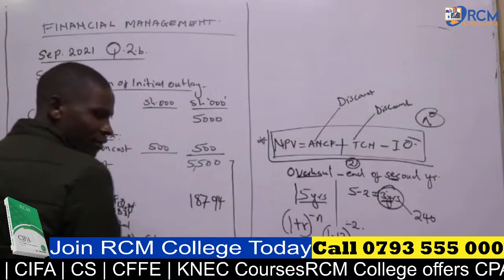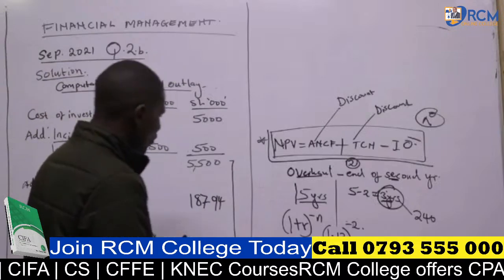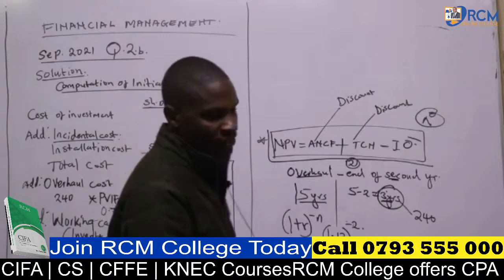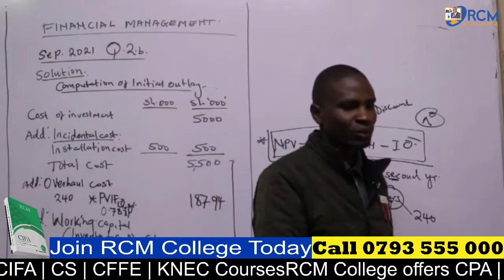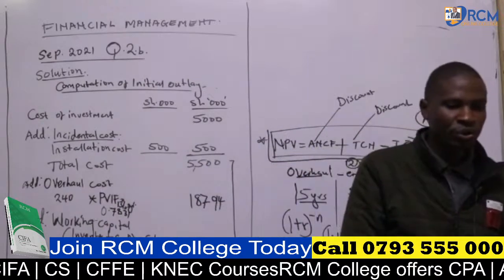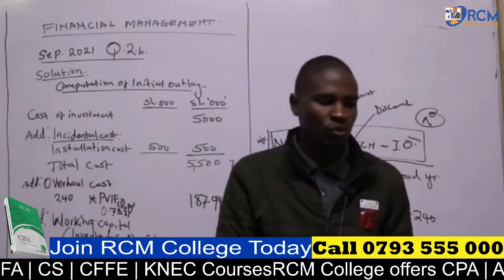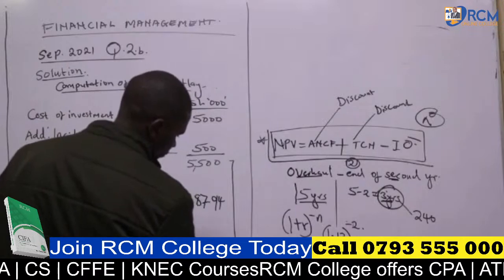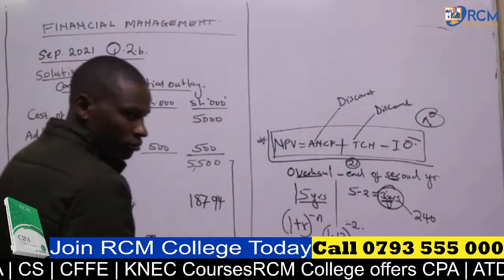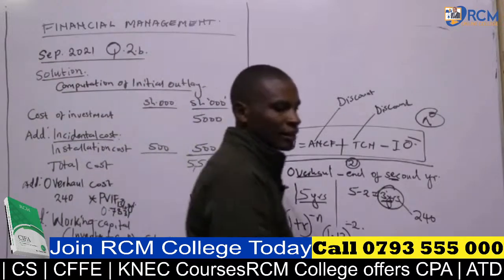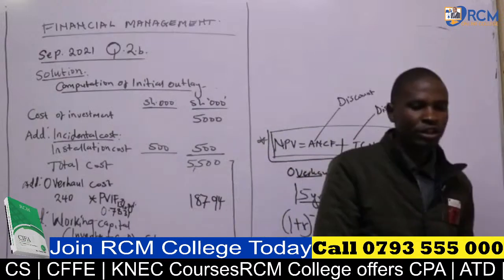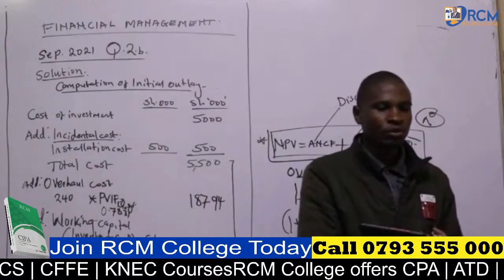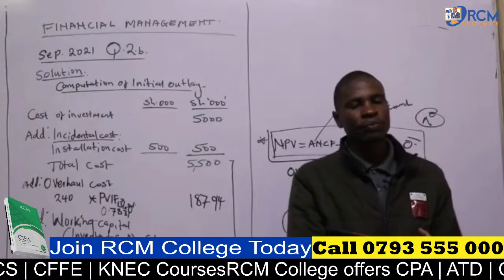Can you add for me all that? That will give us what? The initial outlay that we want. Ngapi sasa? What will be our initial outlay?